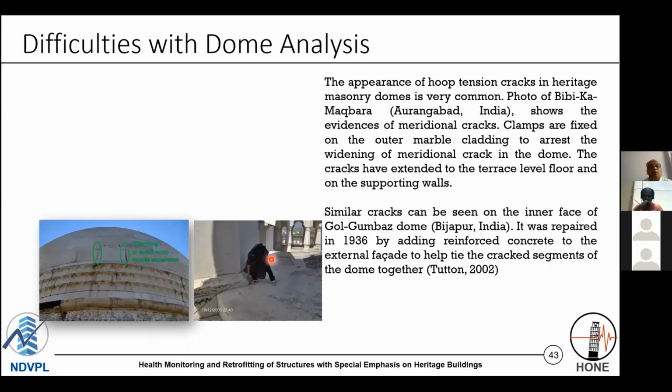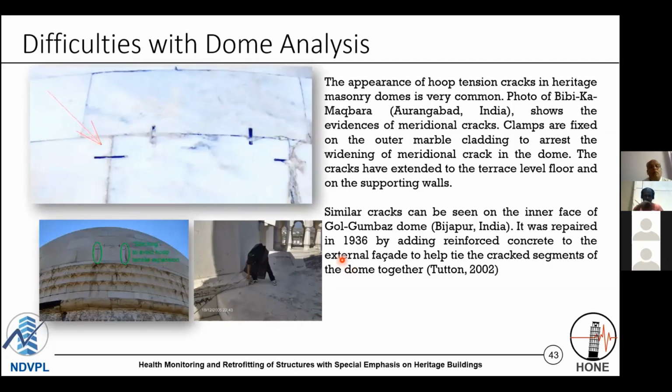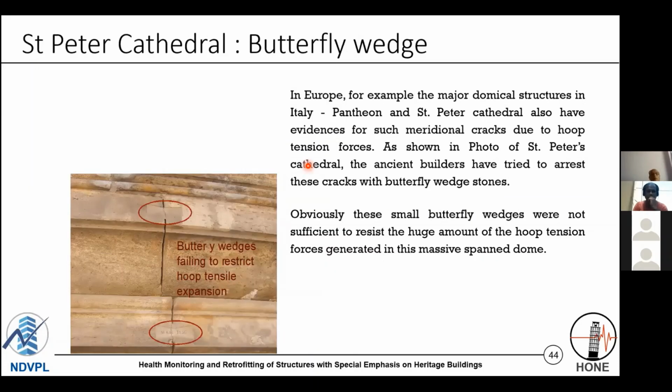The cracks are visible even in the floor of that dome on terrace level. Here you can see the stapled pins, which were put by ancient builders to arrest the hoop cracks. I saw many masonry domes, like one I am showing here, Saint Peter's at Rome, where there are hoop tension cracks.